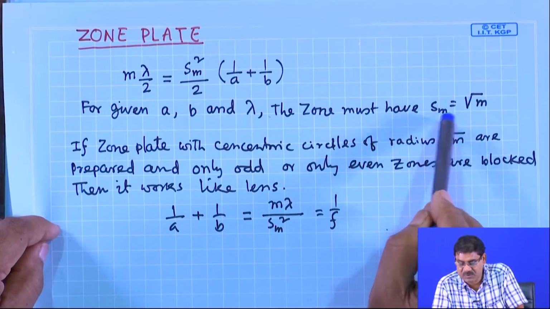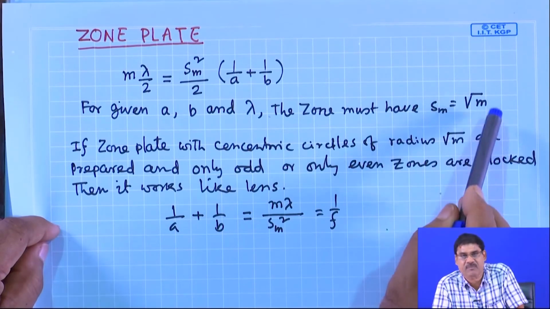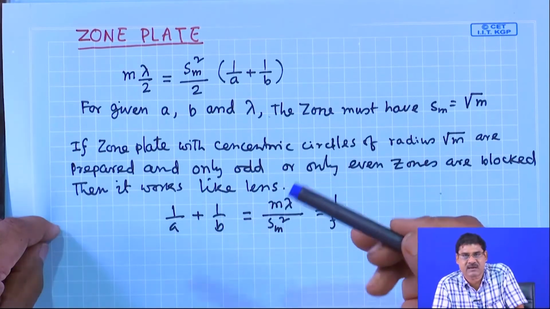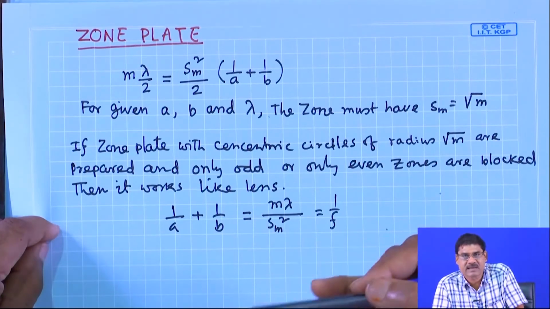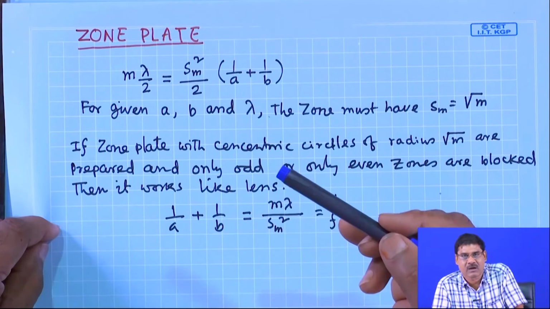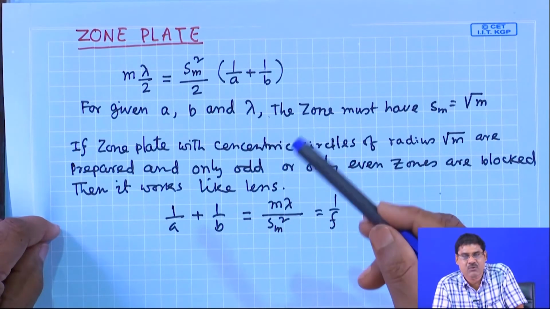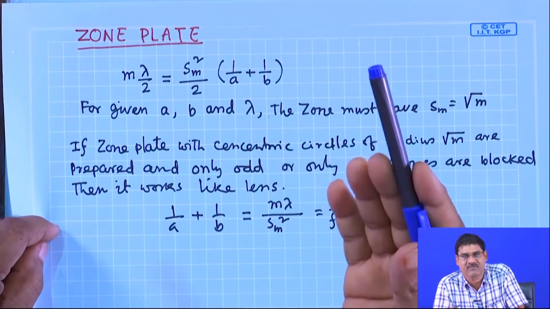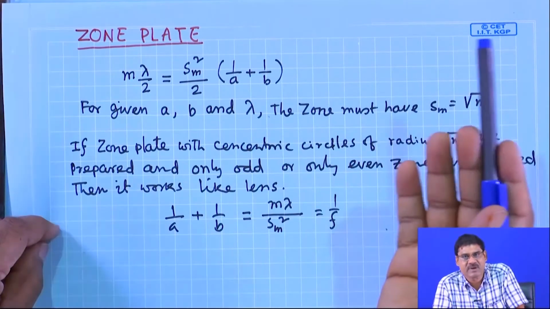That radius is proportional to the square root of m. So if the first zone is 1, then the second is square root of 2, square root of 3, square root of 4, square root of 5, in some length unit.